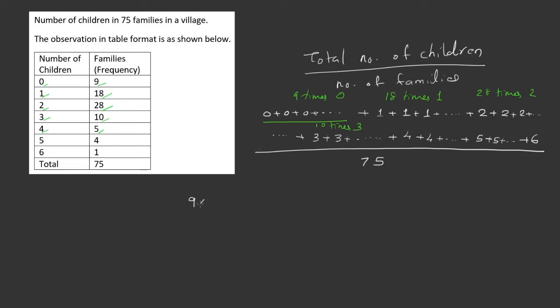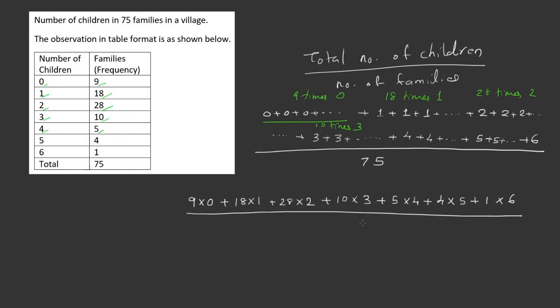It is 9 into 0. What is 18 times 1? It is 18 into 1. What is 28 times 2? It is 28 into 2. Like that, I can write 10 into 3, 5 into 4, 4 into 5, and 1 into 6. That divided by 75.